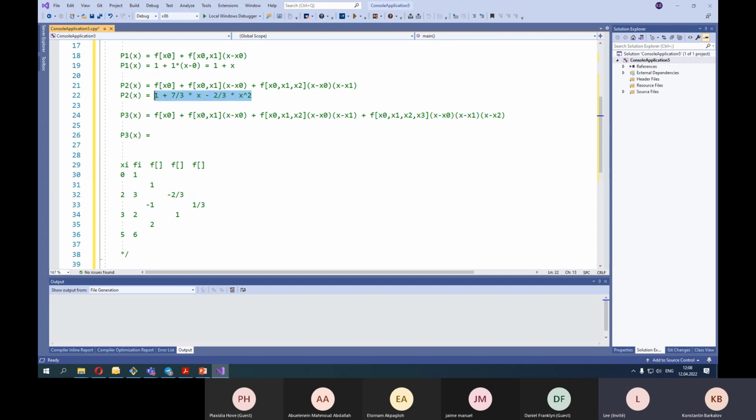I can simply take the previous polynomial and add the last term: 1 over 3 times this one, x minus 0 times x minus 2 times x minus 3.